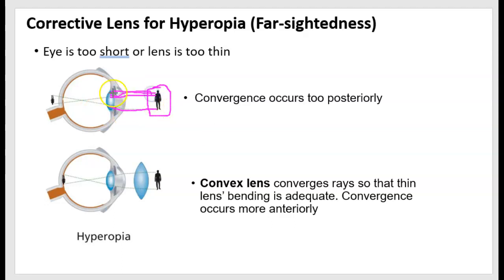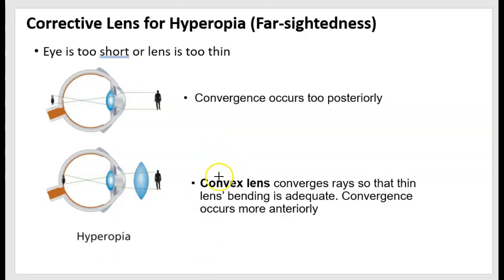The lens cannot bend the rays enough. And so you get convergence too far back. In fact, the image usually lies beyond the eyeball. I mean, a focused image. You'll still get stimulation of the photoreceptors, but the image will look blurry, non-focused.